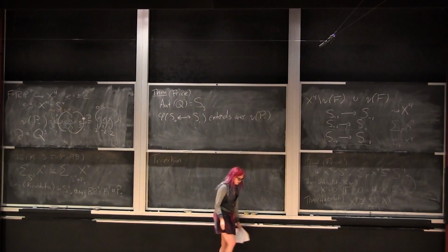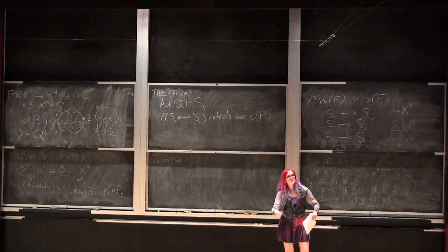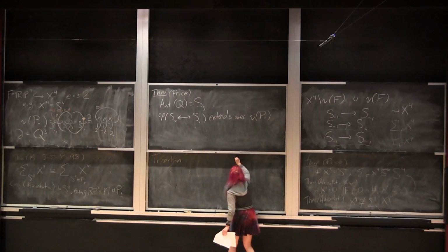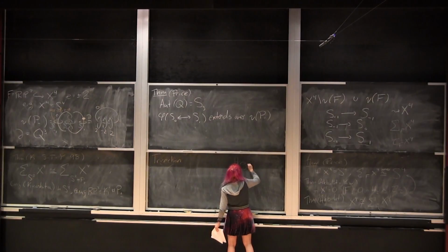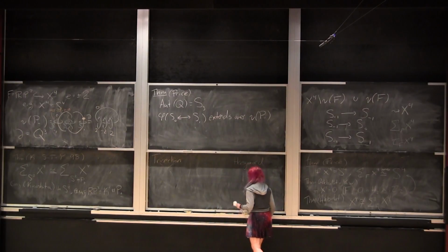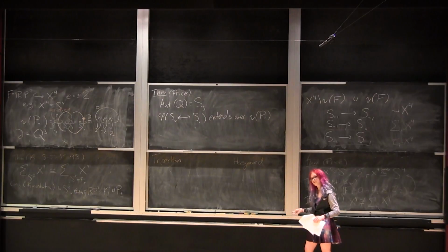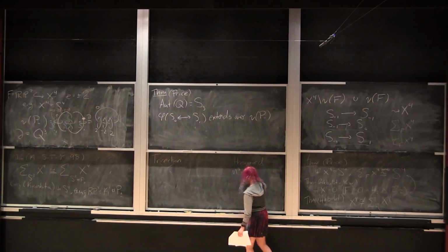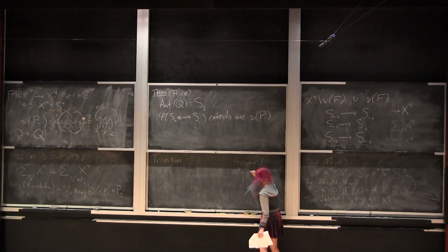A trisection is like a generalization in four dimensions of what a Heegaard splitting is in three dimensions, essentially. So a Heegaard splitting of a three-dimensional manifold is a splitting into two simpler pieces. We write our three-manifold as a union of two handlebodies glued along a surface.